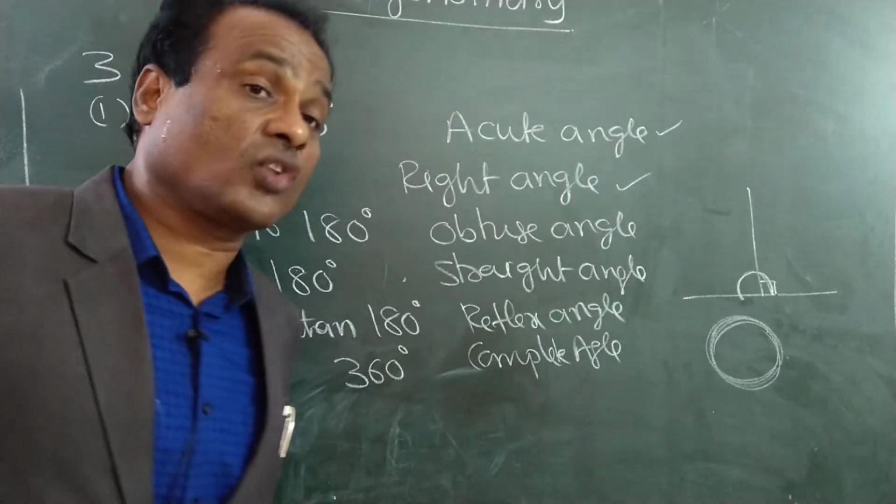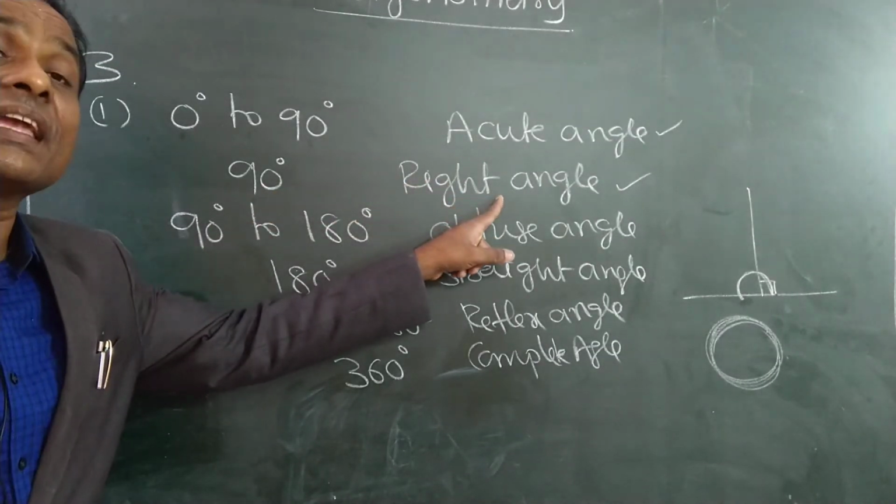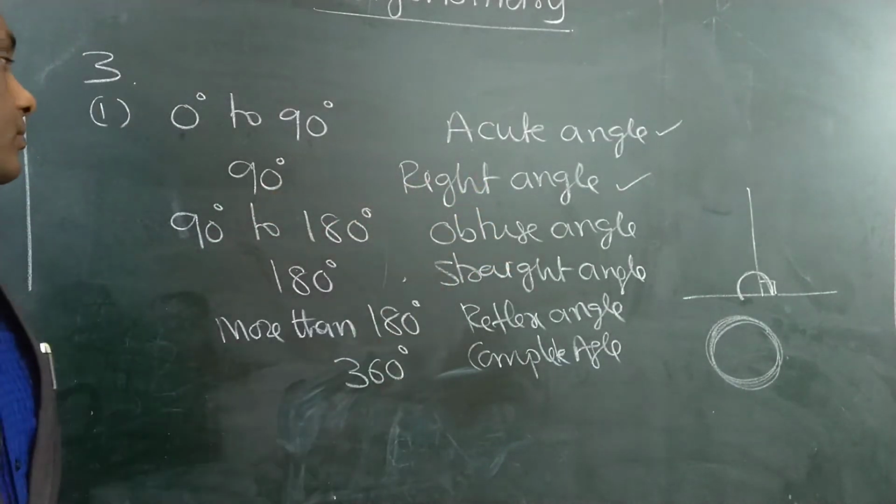Remember these definitions throughout this chapter. Right angle means 90 degrees.